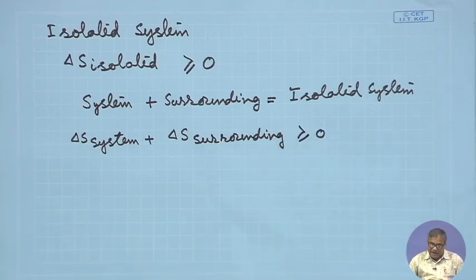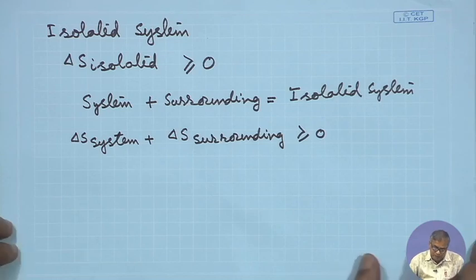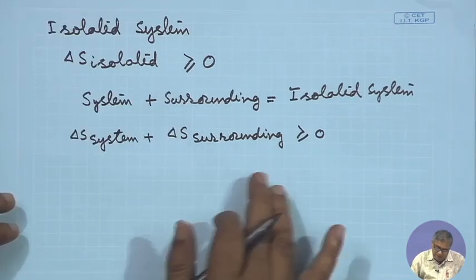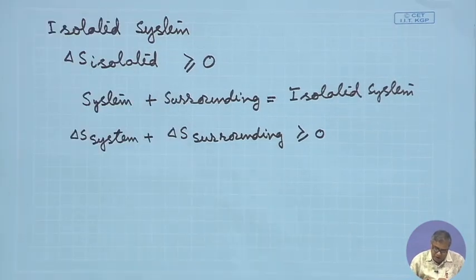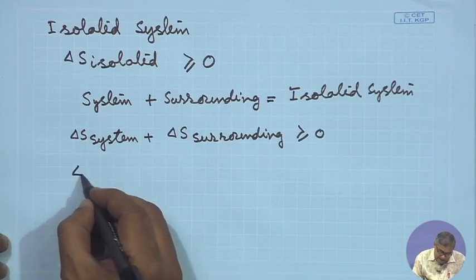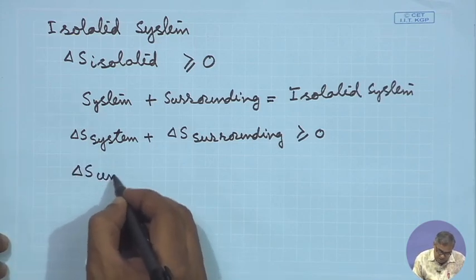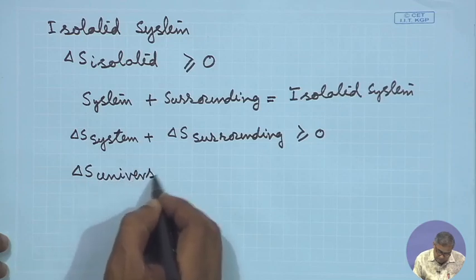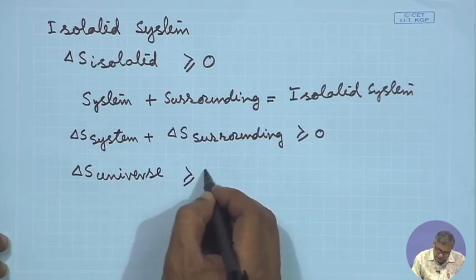So, this is again another useful concept, and I can proceed just one step further. If we consider system and surrounding, then we are encompassing everything. That means, this is your universe. So, one can write delta S universe is greater than or equal to 0.